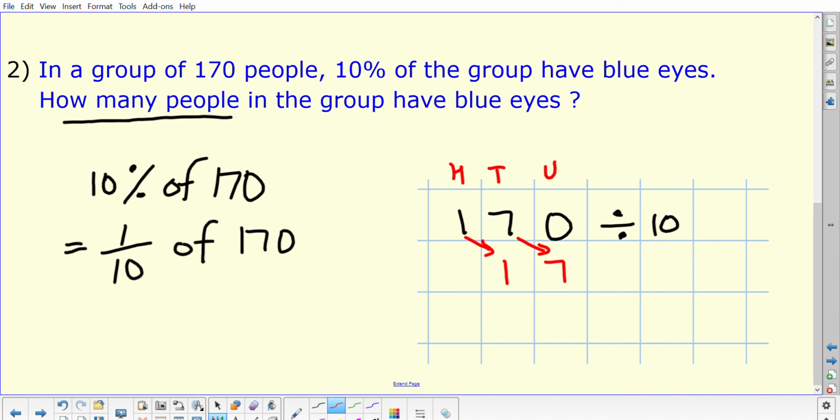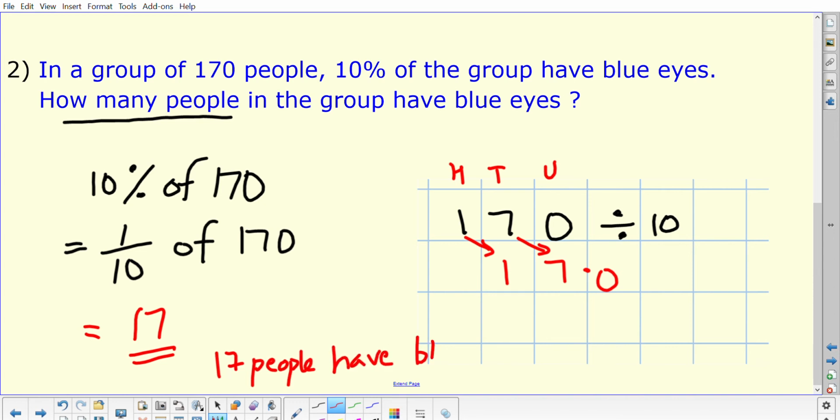That 0 would end up after the units, and you could technically write 17.0, or we can just say the answer is 17. So how many people in the group have blue eyes? 17 people have blue eyes, would be what we would say there.